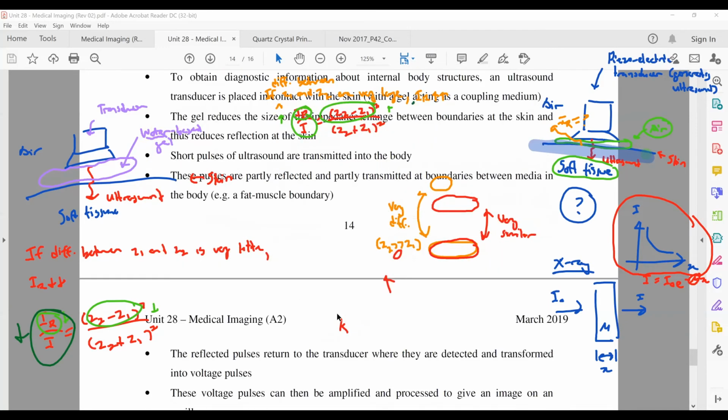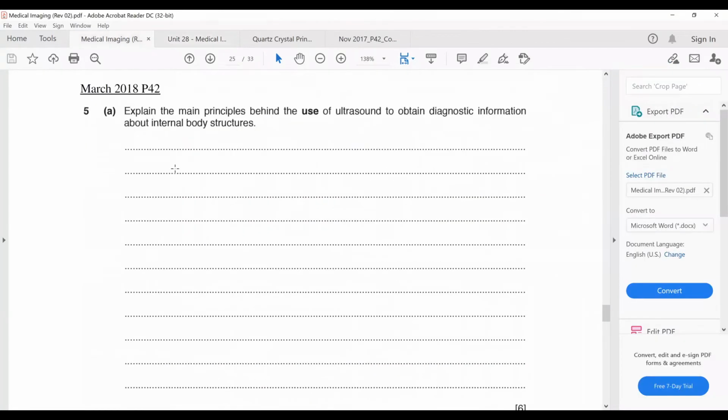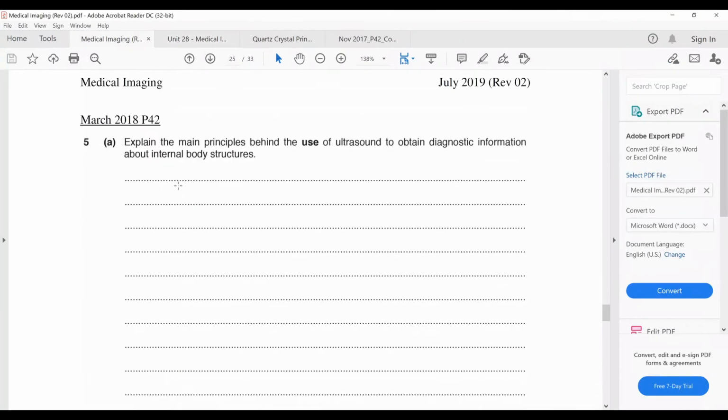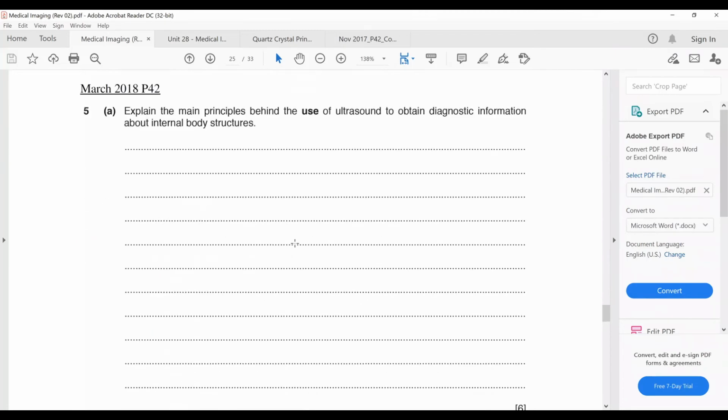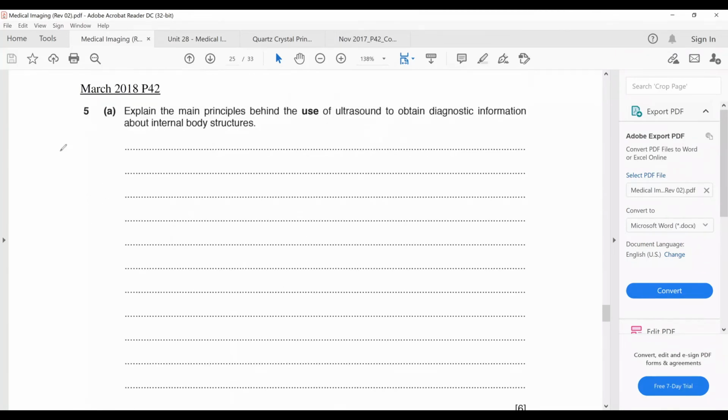This is for ultrasound. So we just go and do some questions first to internalize whatever we learned here. If you were to just look at page 25, we just now stopped at page 25, didn't we? So just have a look at page 25.